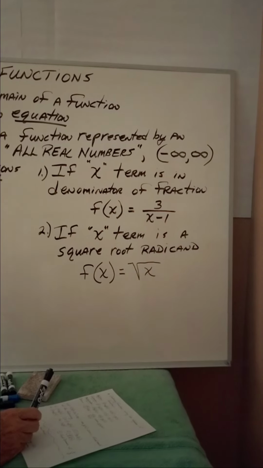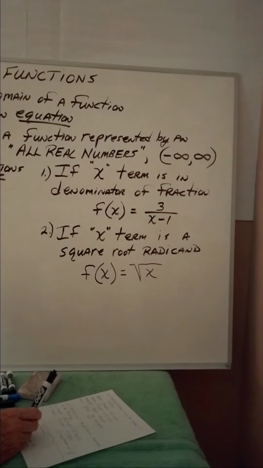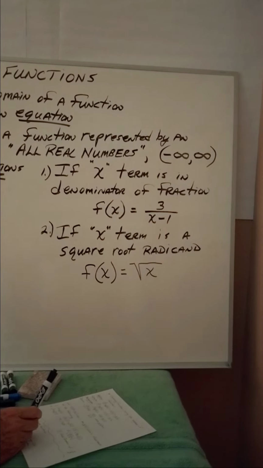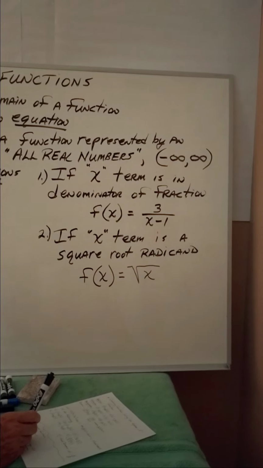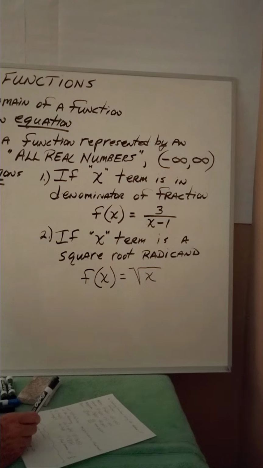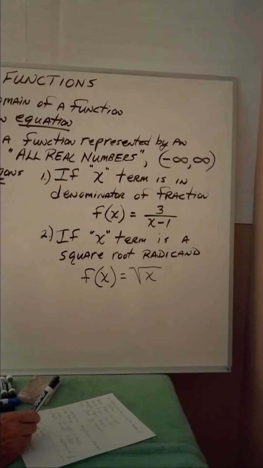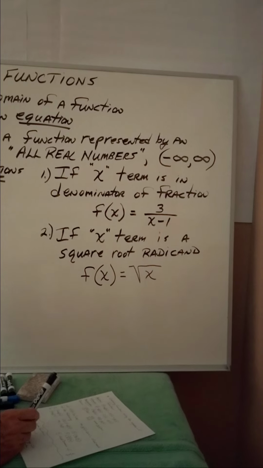It must be parentheses because parentheses will indicate that there is no stoppage. It's going to begin somewhere in the negative infinity area, and it's going to end somewhere in the positive infinity, but there really isn't any beginning, and there really isn't any end, and that's why the parentheses are used.